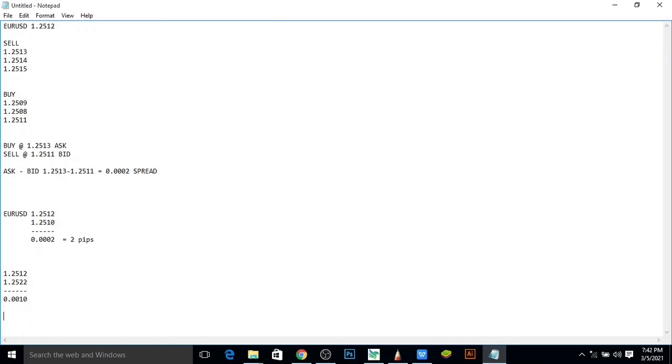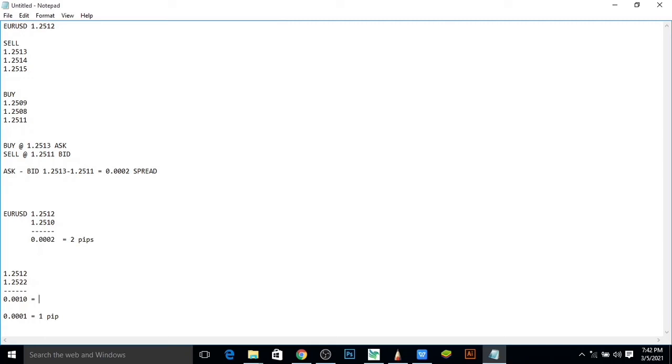We said 0.0001 is equal to 1 pip, so looking at this 0.0010, how many pips do you think it will be equal to?